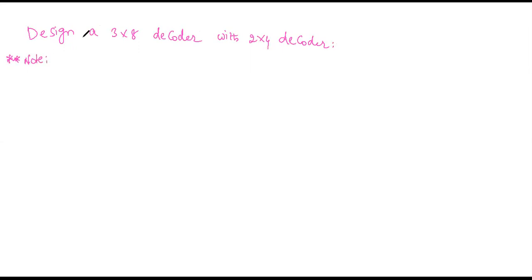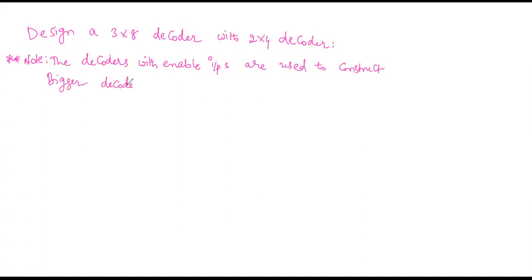The decoders with enable inputs are used to construct bigger decoders with cascading.